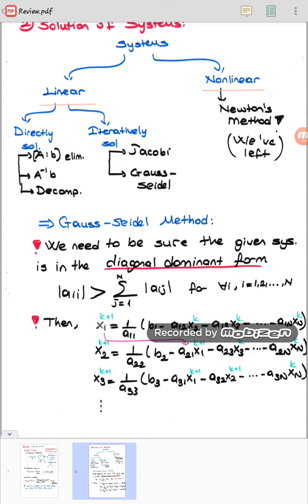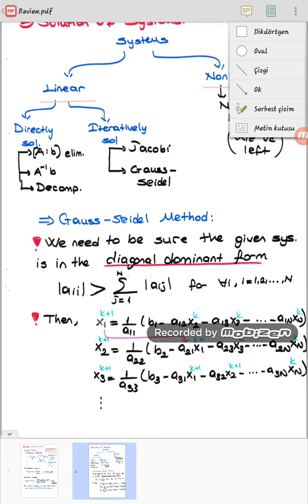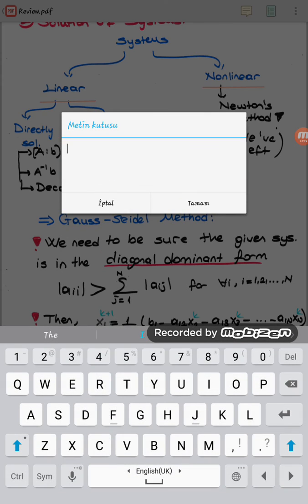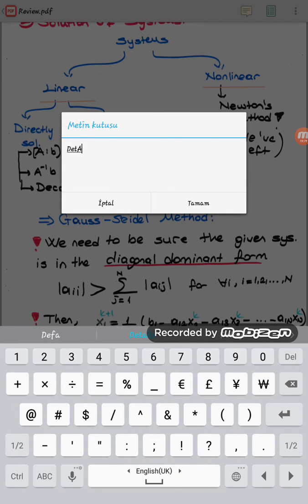Or instead of this, sometimes A inverse times B, if of course this is valid. Let me write it because it is important: this part is valid if the determinant of A is different from 0.